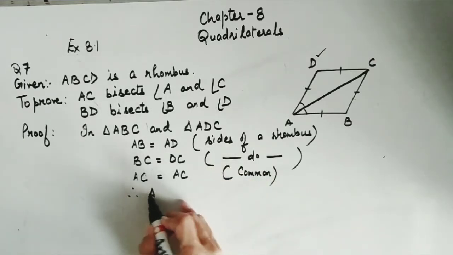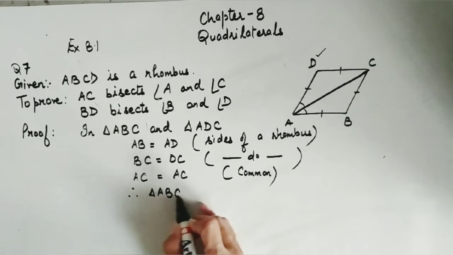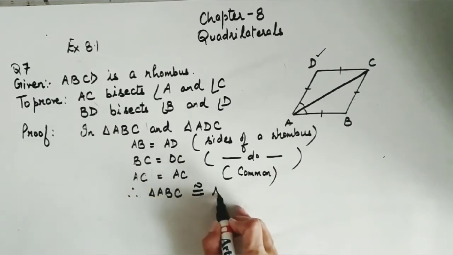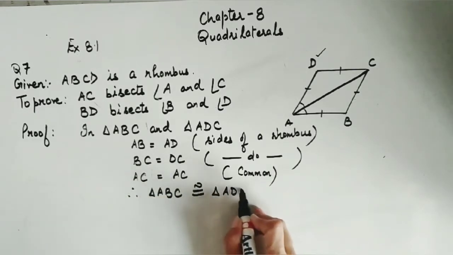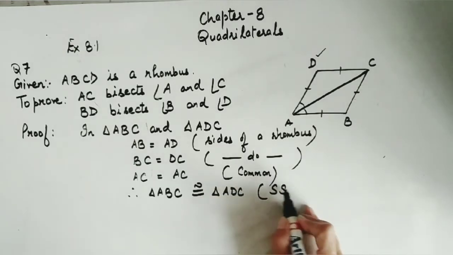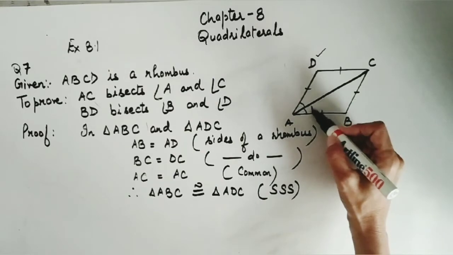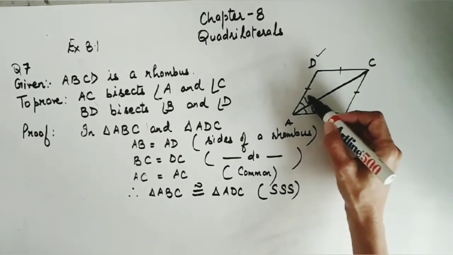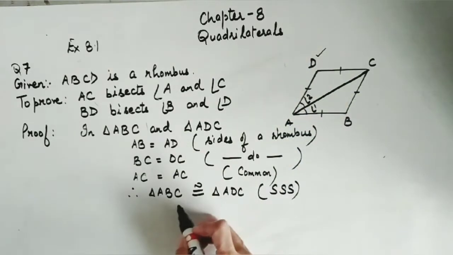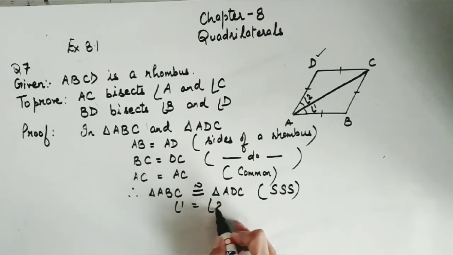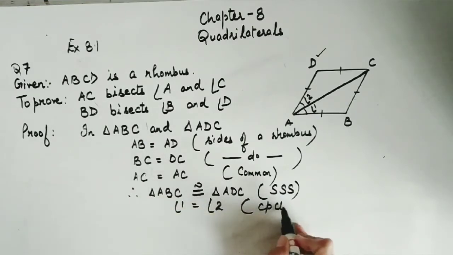Therefore, triangle ABC is congruent to triangle ADC by SSS rule. And if triangles are congruent, definitely these angles must be equal. Let us mark these as angle 1 and angle 2. Angle 1 and angle 2 are equal by CPCT.